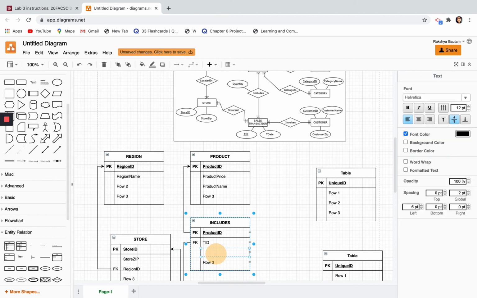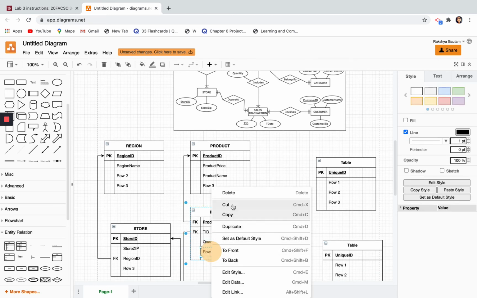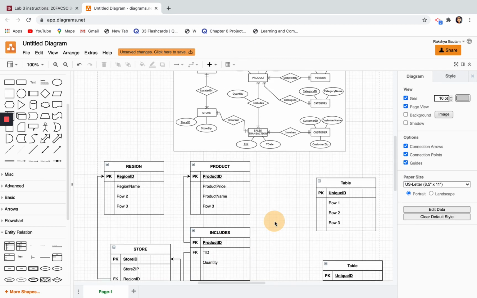And quantity is its attribute. I think we don't need this, so let me remove this.